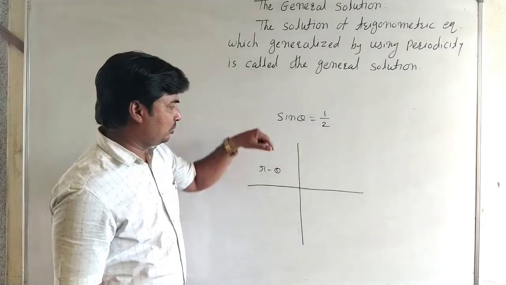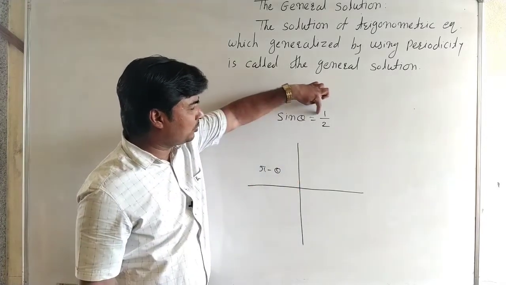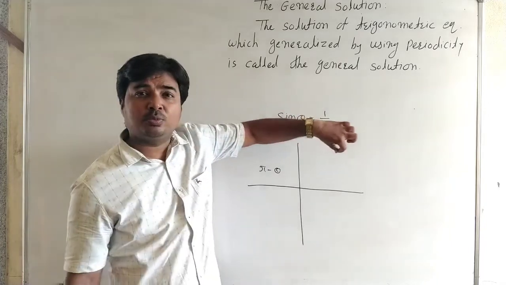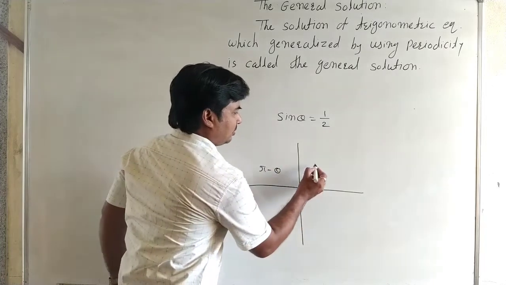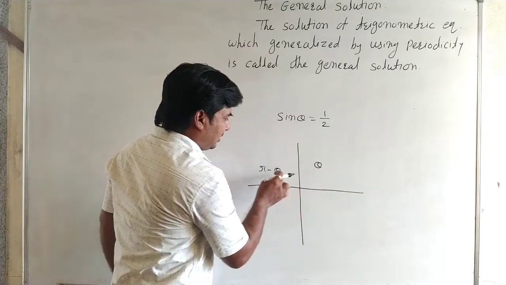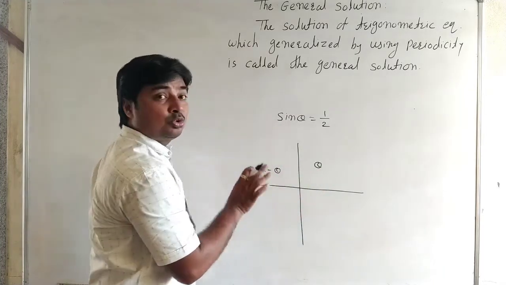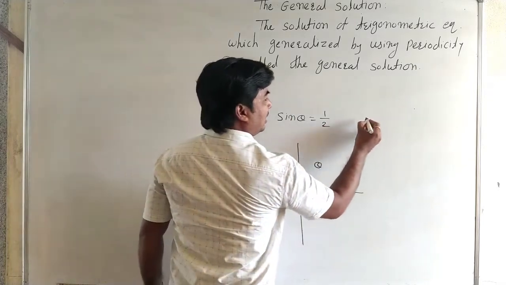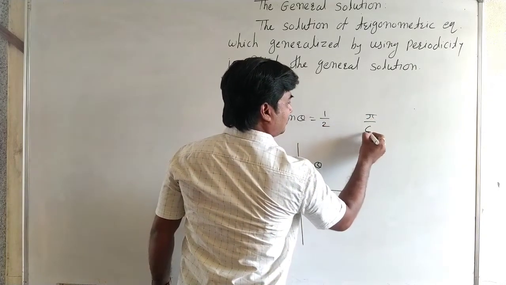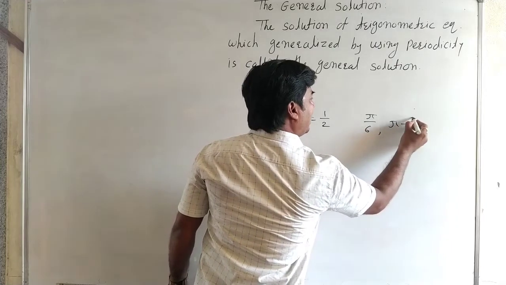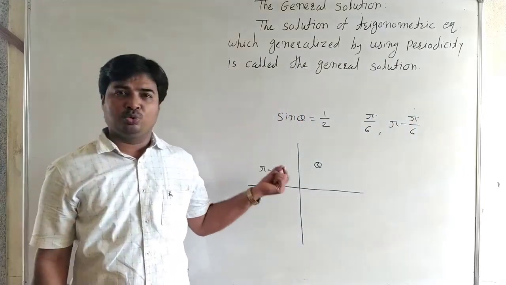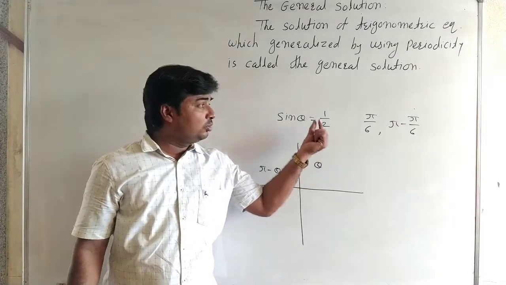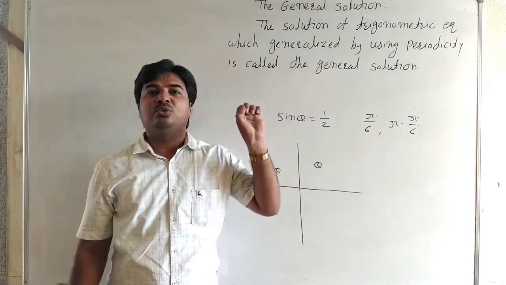Therefore theta is pi by 6 and pi minus pi by 6, that means 5 pi by 6. These are the principal solutions, because these two solutions lie between 0 to 2 pi.